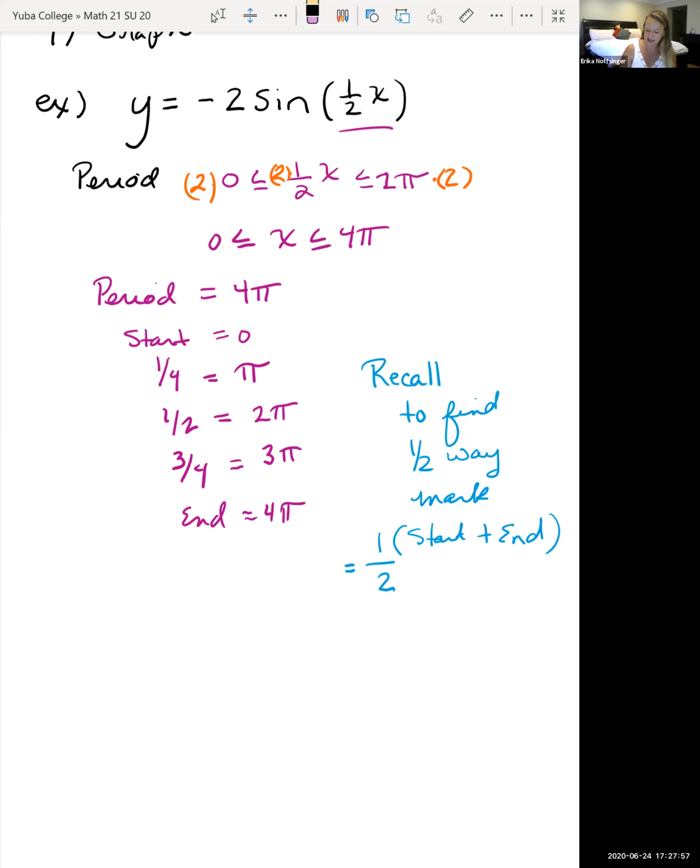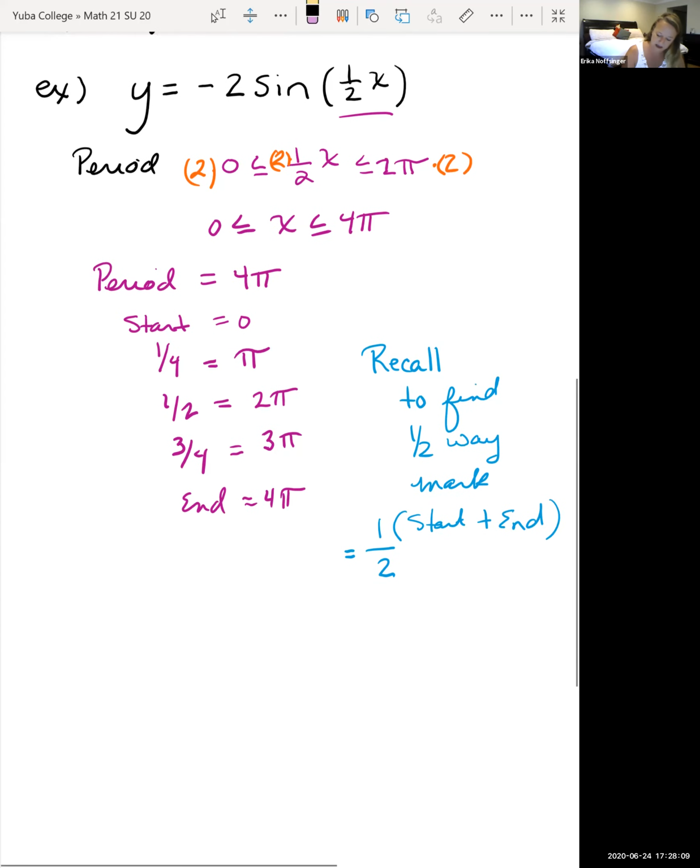So 2 pi plus 4 pi is 6 pi. 6 pi divided by 2 gives me the 3 pi, the halfway mark between 2 pi and 4 pi. Okay, so we figured out our important points.